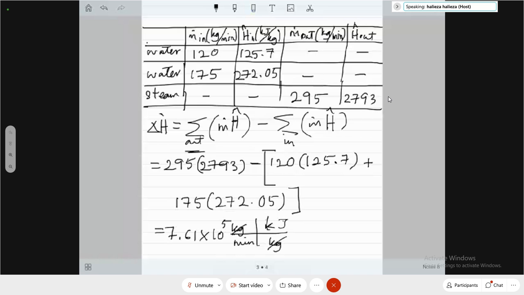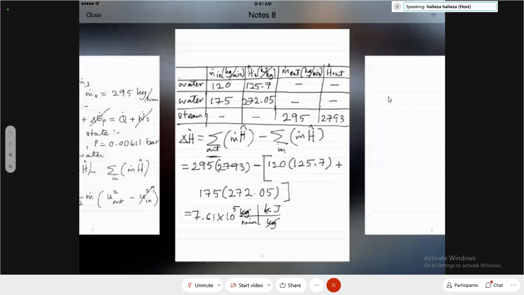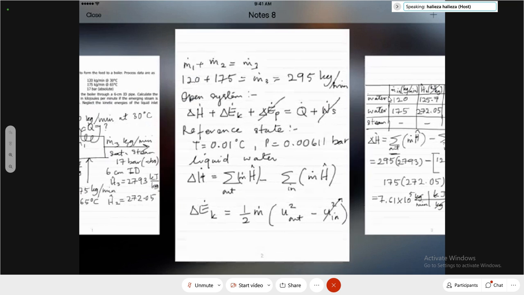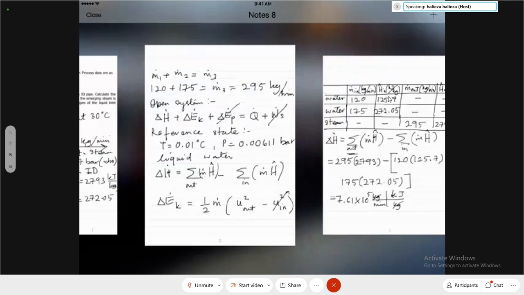Now you need to look at the change in the kinetic energy. If you look at the second slide, we have the change in kinetic energy. So that's what we're going to calculate next.